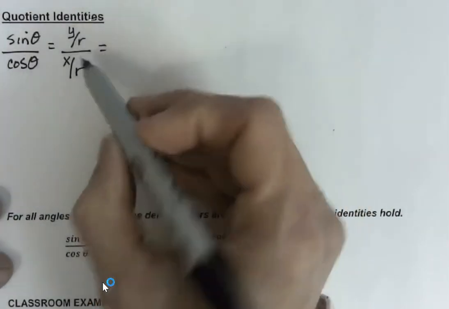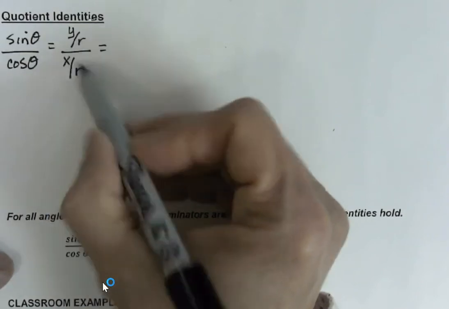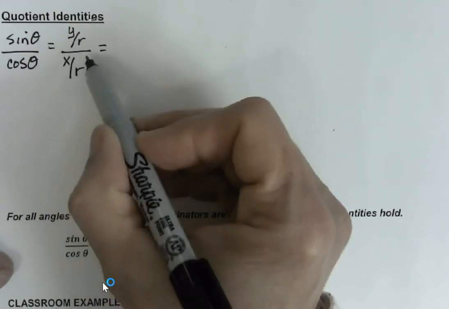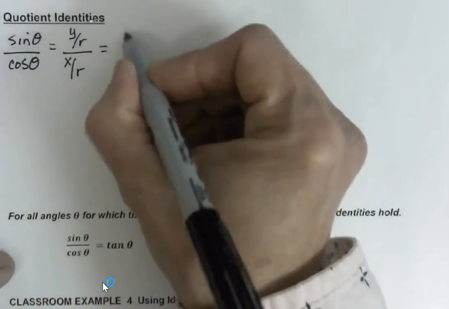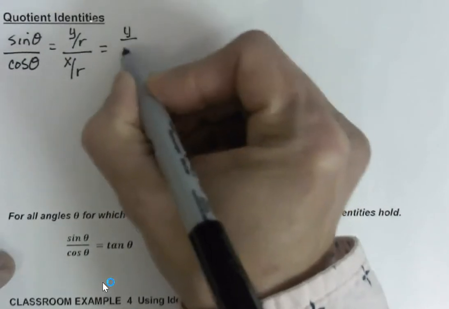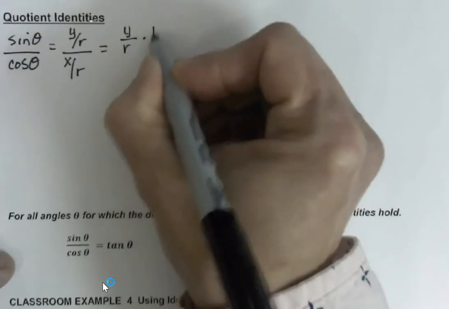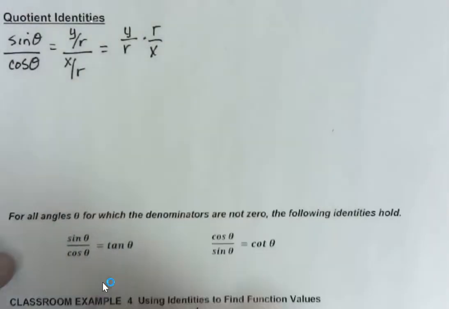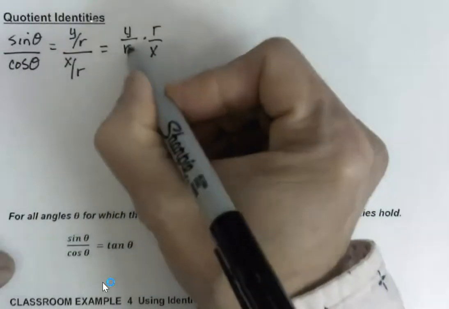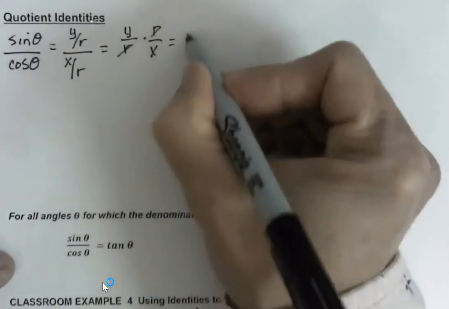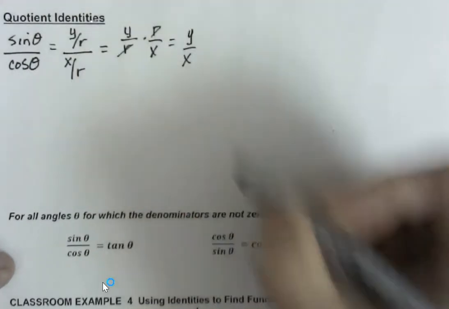If we simplify this rational expression, we can take the denominator and invert it and turn this into multiplication. That would give us y over r times r over x. Then we can cancel out the r's and we end up with y over x.